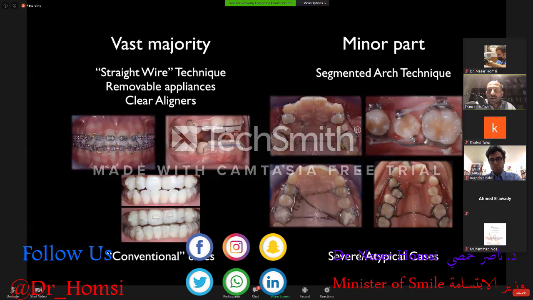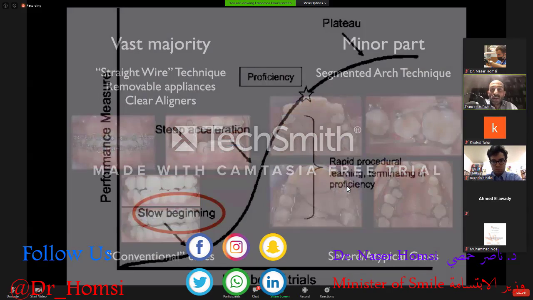But a minor part of the patients can obtain benefit from the segmentary arch technique approach that allows us to treat the most severe and the most atypical cases, and allows us to do very specific dental movements without altering all the rest of the occlusion. It can be indicated in some specific clinical conditions.